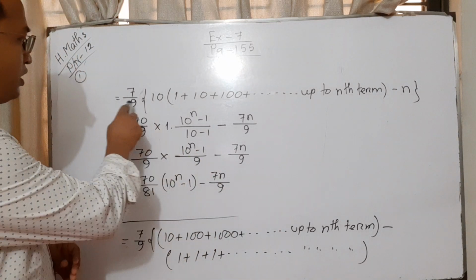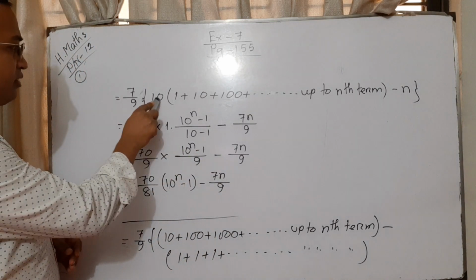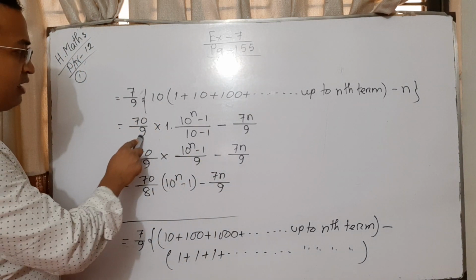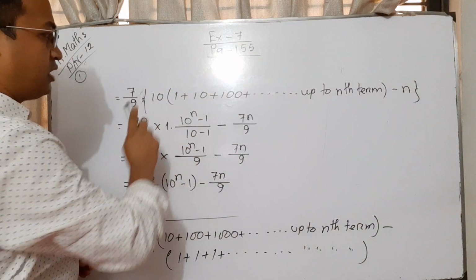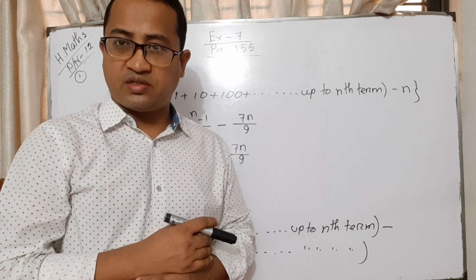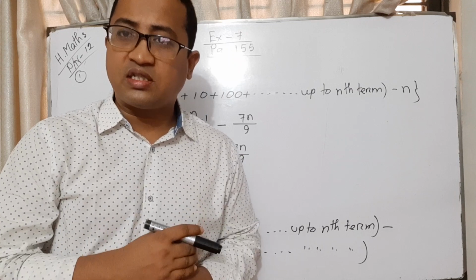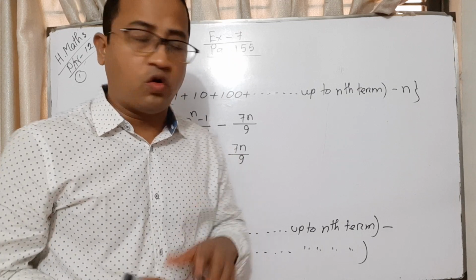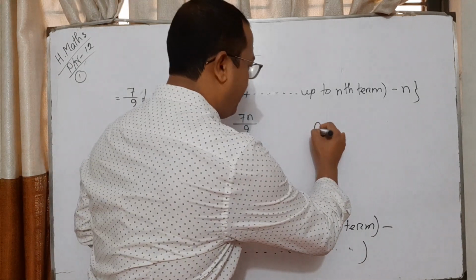Now look, you can multiply 7 times 10, just 70, by 9. And this is a geometric series. Do you know the sum of a geometric series? If you want to know the sum of the geometric series, at first you should know the first term a.